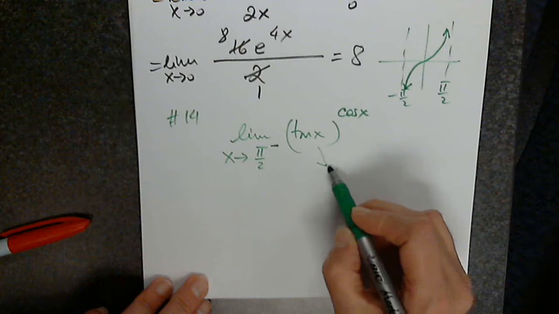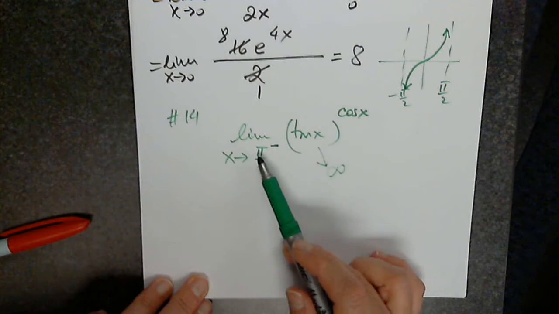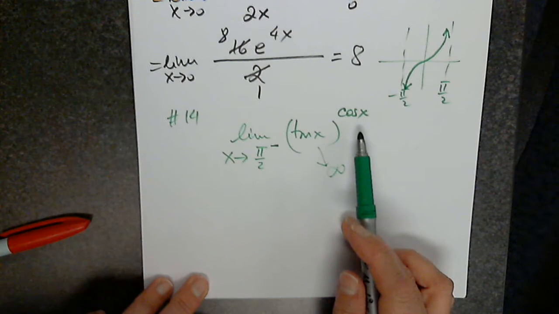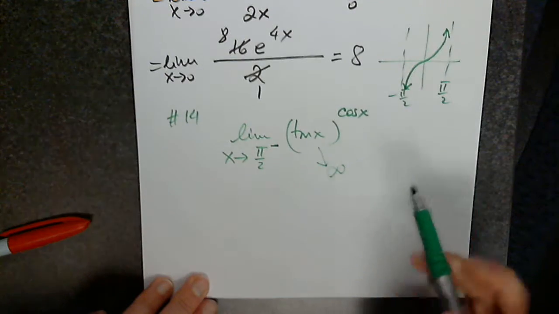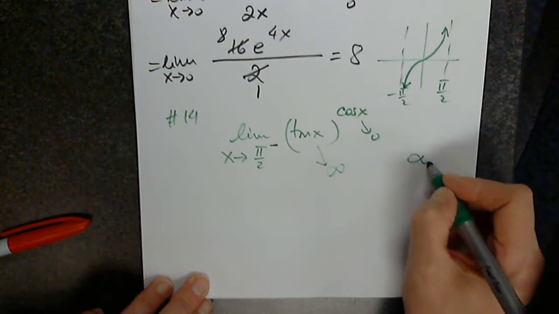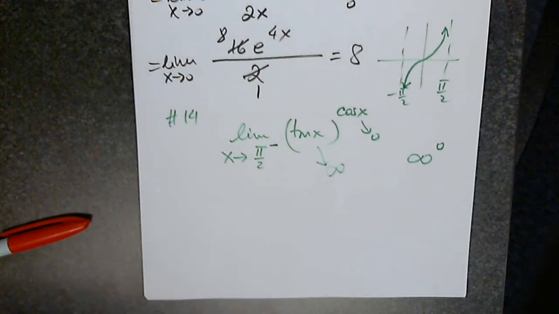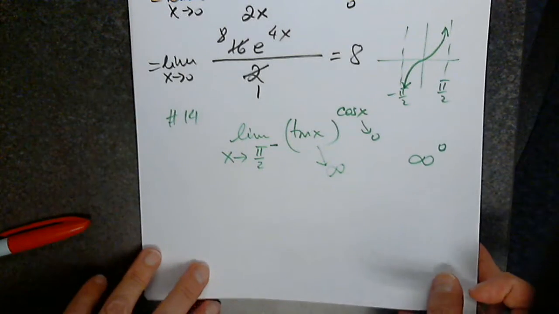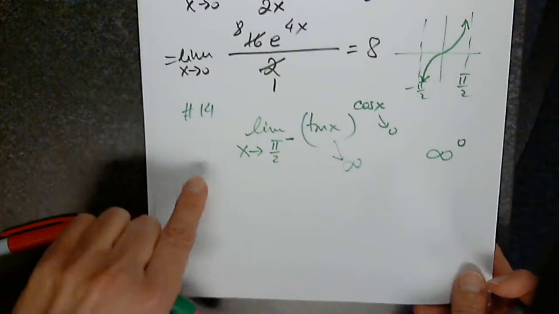And cosine pi over 2 is 0. So infinity raised to 0 is a big problem. What do we do in this situation?